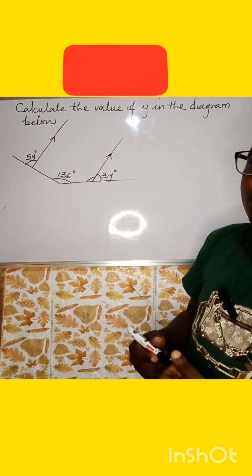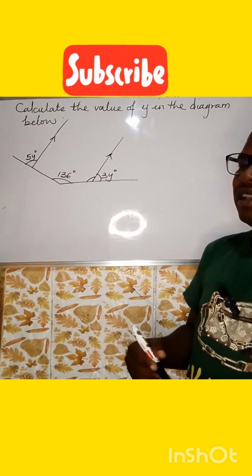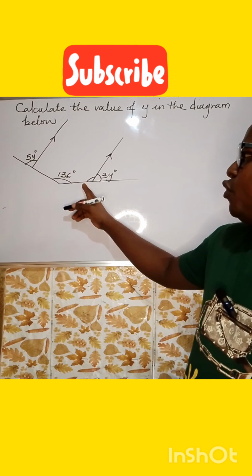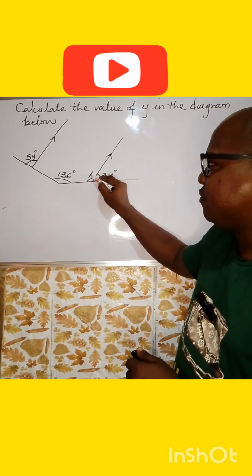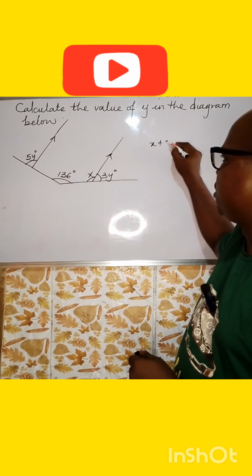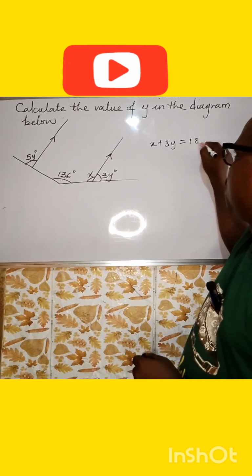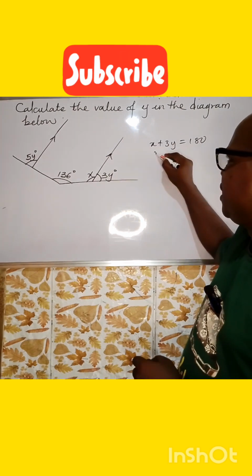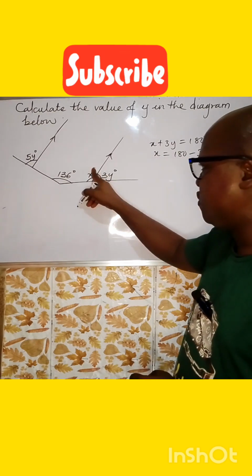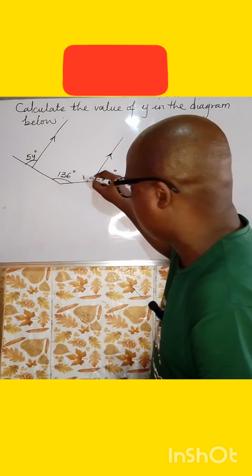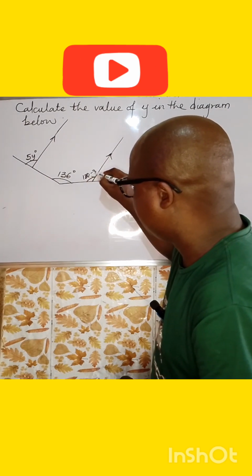I know that the sum of angles on adjacent sides is always equal to 180 degrees. If this angle is x, then x plus 3y is equal to 180, so x will be 180 minus 3y. So if I clean this place, I'm going to have 180 minus 3y.